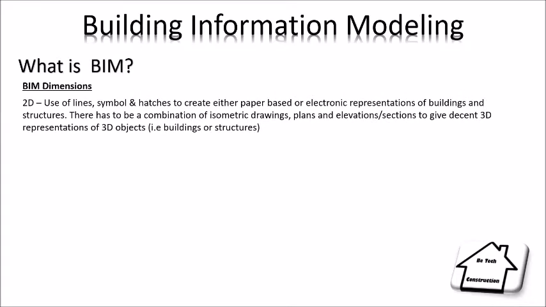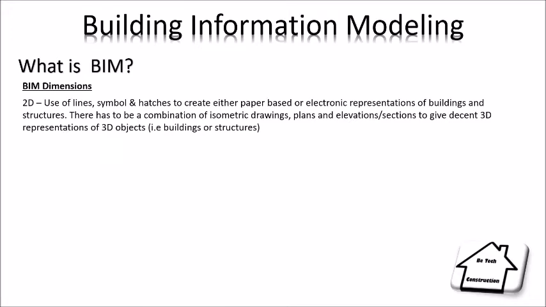So we start with 2D. This uses lines, symbols and hatches to create either paper-based or electronic representations of buildings and structures. There has to be a combination of isometric drawings, plans, elevations, sections to give a decent 3D representation of 3D objects, i.e. buildings and structures.